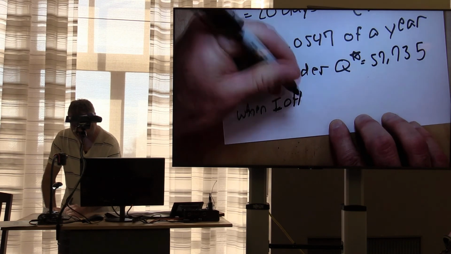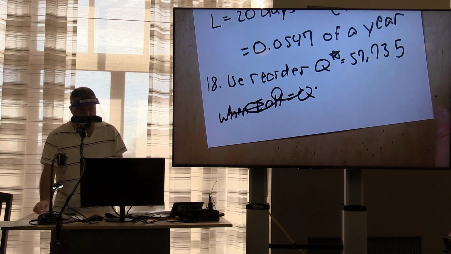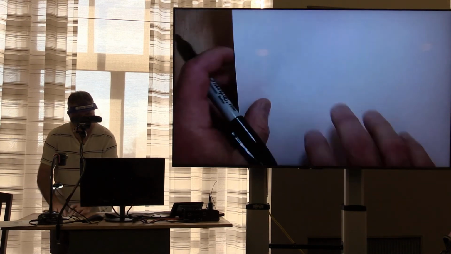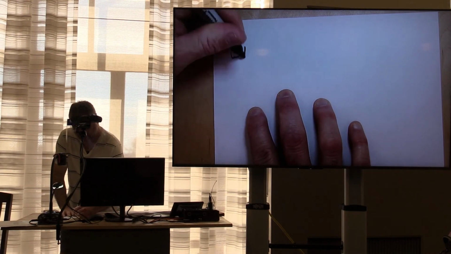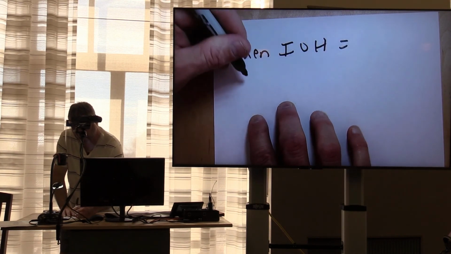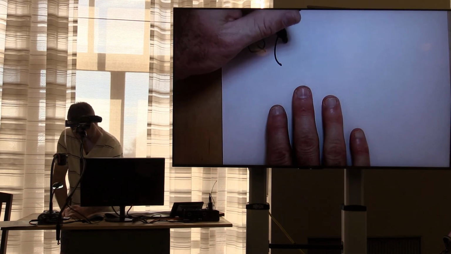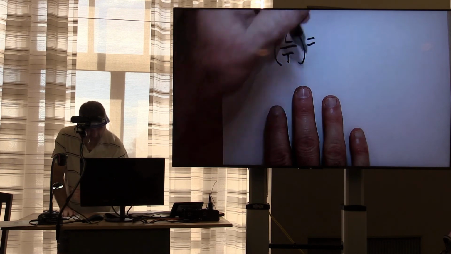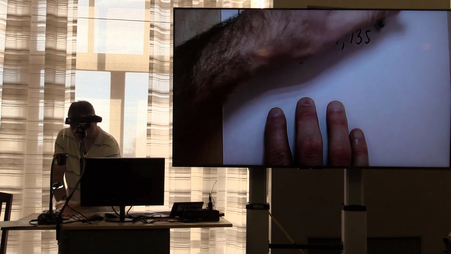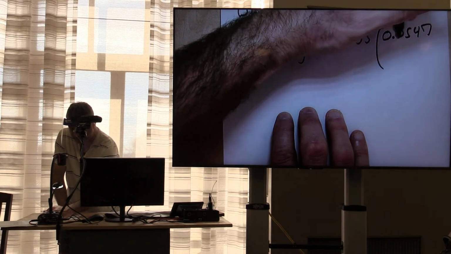inventory on hand equals, let me go to another sheet for this. So we reorder Q star, equal to that amount, when inventory on hand equals Q star times L divided by T. Q star was 57,735. L was 0.0547.